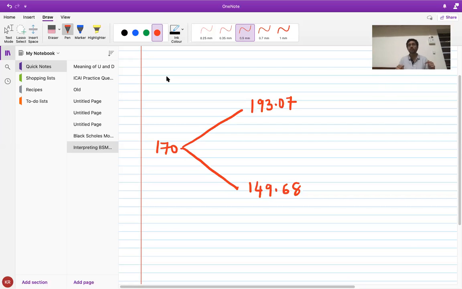So what we will then do is calculate the price of this replicating portfolio, and we will say that the call option price should be equal to the replicating portfolio's cost, because we do not know the value of the call option. That is what we're trying to calculate, right?